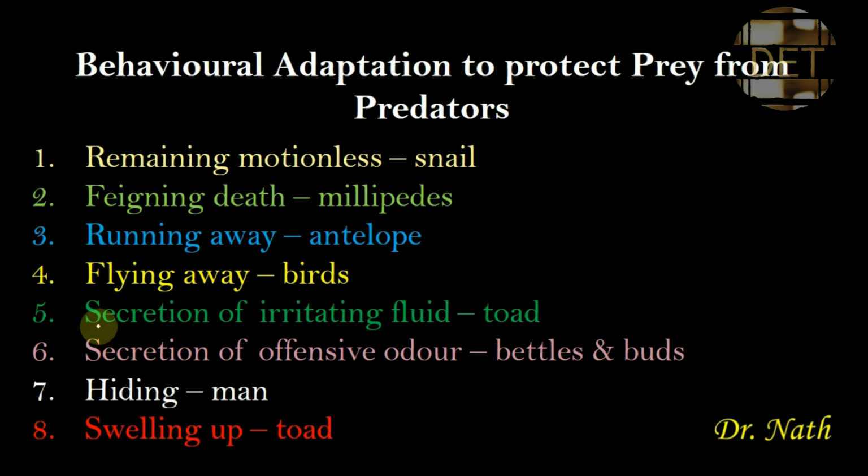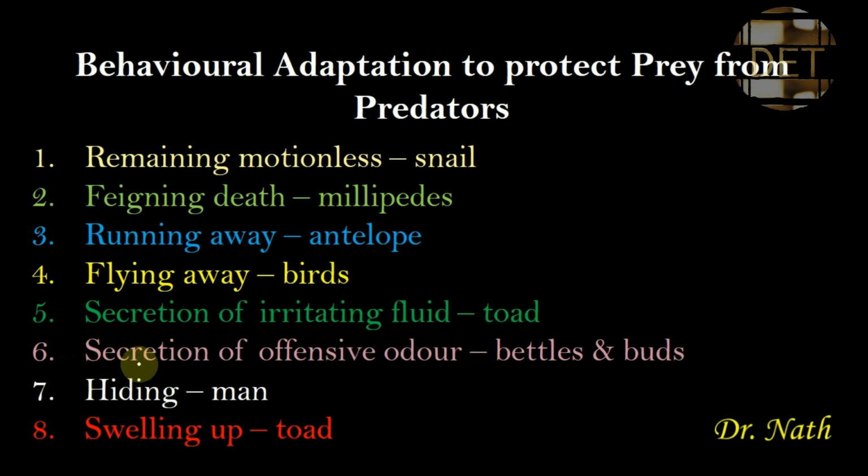Then we have number 5, secretion of irritating fluids, and this is seen in toad. If a toad comes in contact with its predator, it will secrete irritating fluid. That irritating fluid will irritate the predator and prevent the predator from eating up the toad.